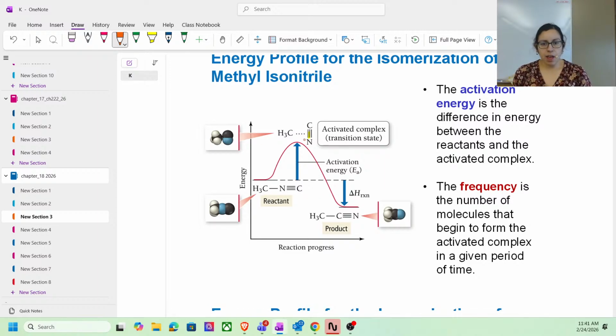In this case it's more of an activated transition state, but you can find that alkenes or alkynes and even benzene can bind in different manners. Now it's bound side-on here.